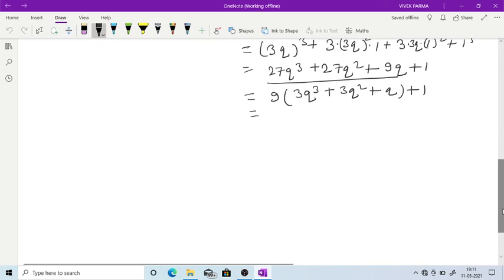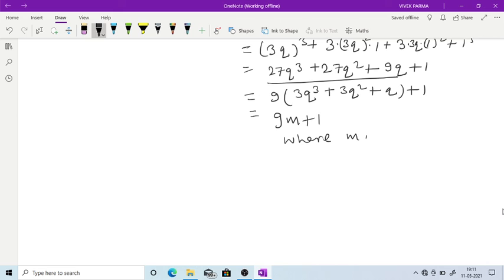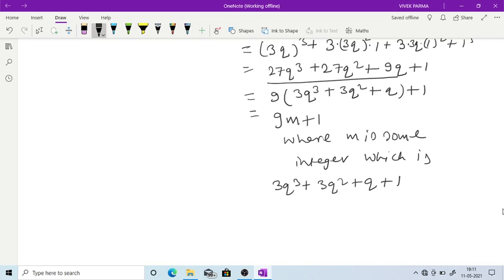So we have here 9m plus 1, where m is some integer, which is 3q cube plus 3q square plus q, plus 1, right?